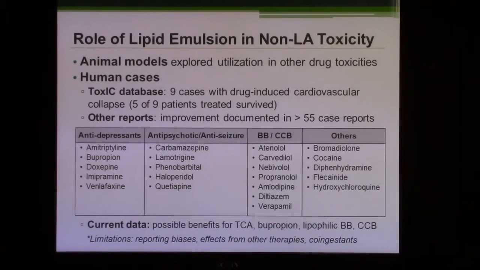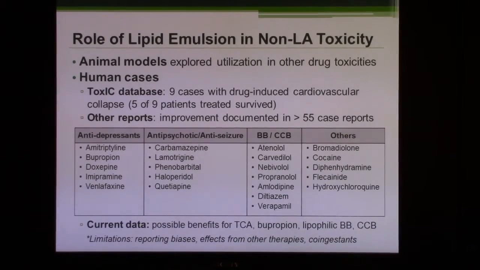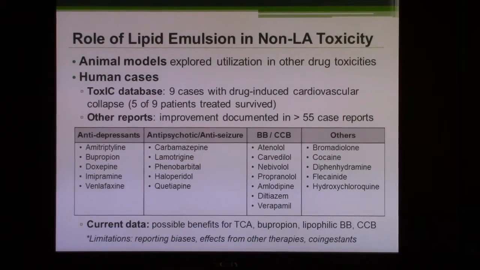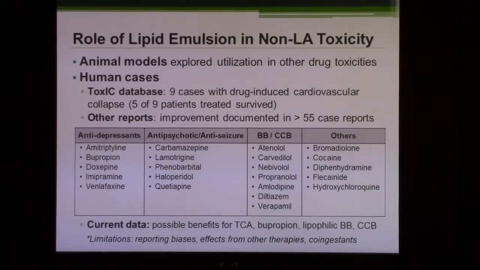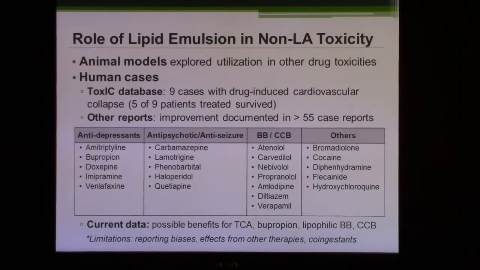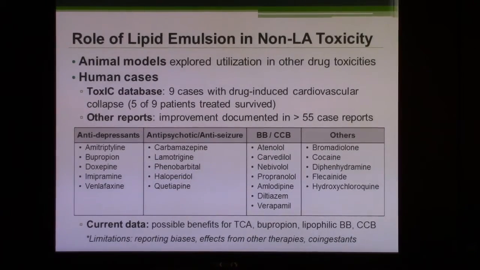From other reports, they report over 55 cases of improvement after use. And here are some of the listed drugs that have been associated in those cases. This includes some of the antidepressants like the TCAs, some antipsychotics, anti-seizure medications, the beta blockers and calcium channel blockers, and some other medications as well.